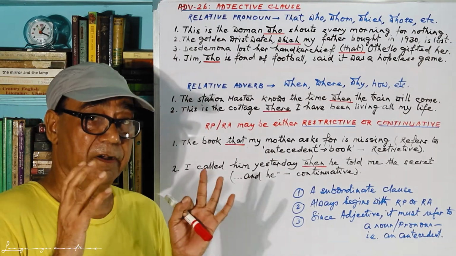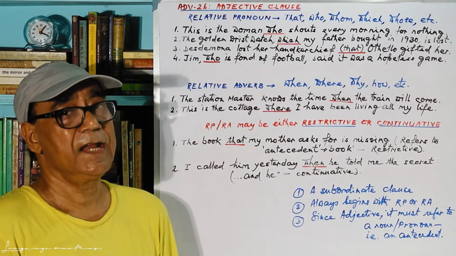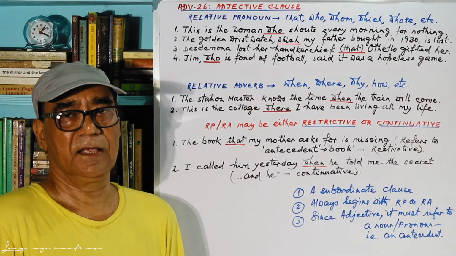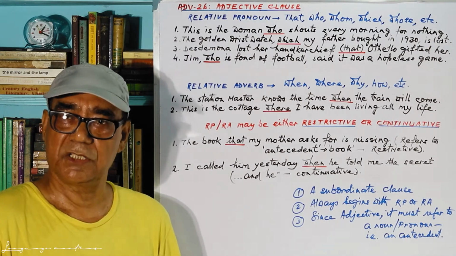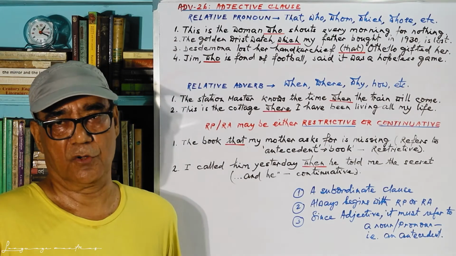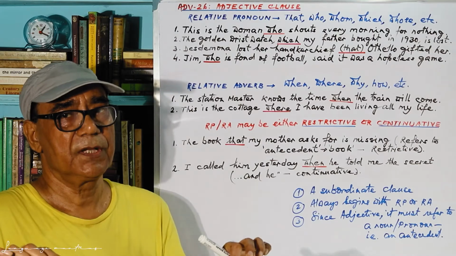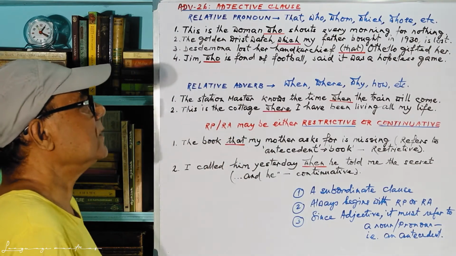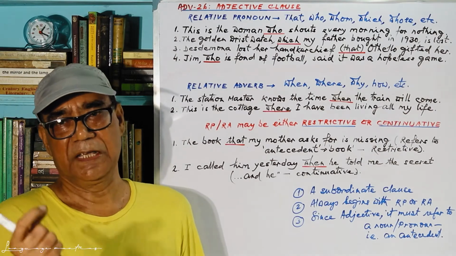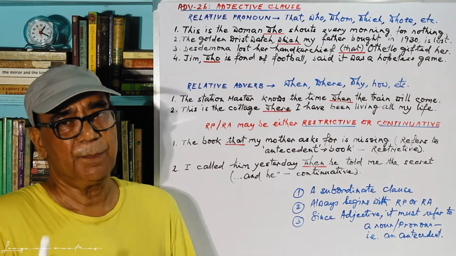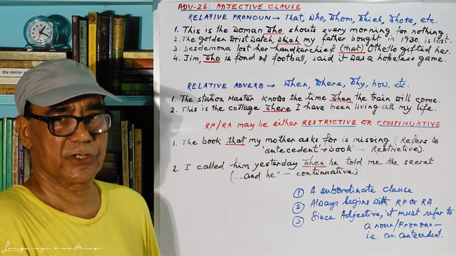The golden wristwatch, comma, which my father bought in 1930, comma, is lost. So the golden watch is lost. This is the principal clause. And this principal clause is broken in two parts. And in between these two parts, which my father bought in 1930, is inserted. And this part is punctuated with comma, both sides.